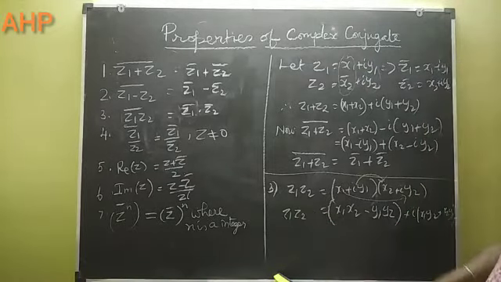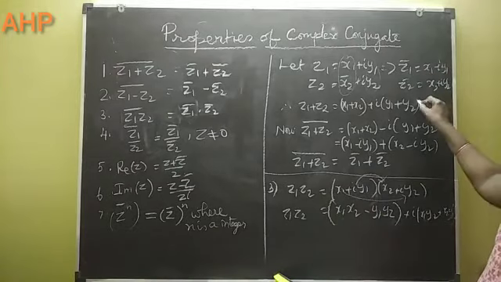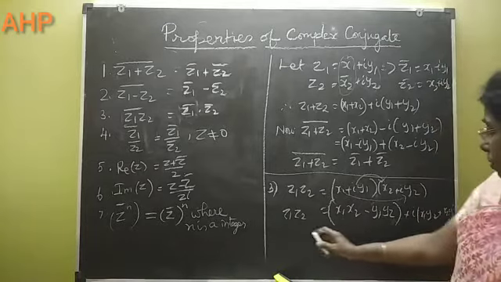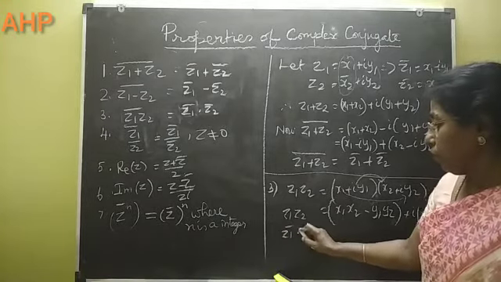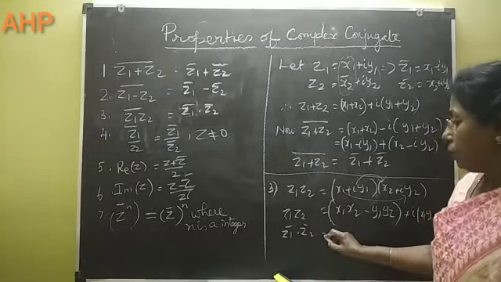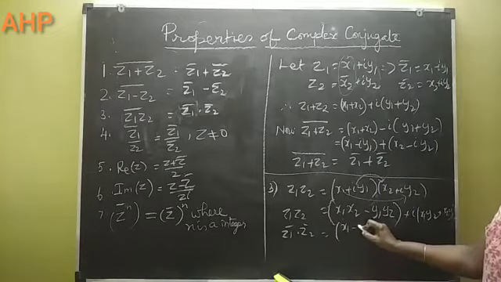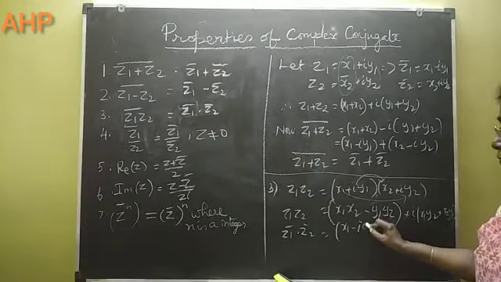Now this is the product of z1 into z2. Now if you are going to multiply z1 bar into z2 bar, the value of z1 bar is x1 minus iy1.